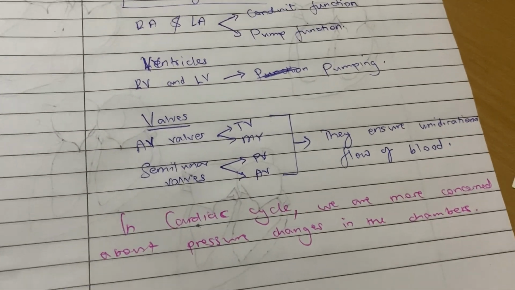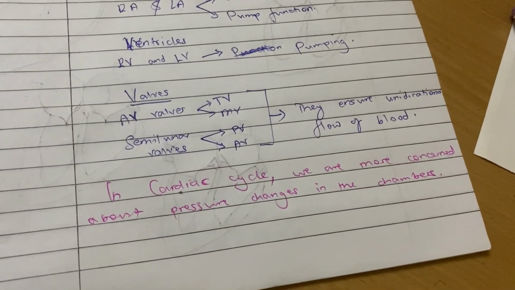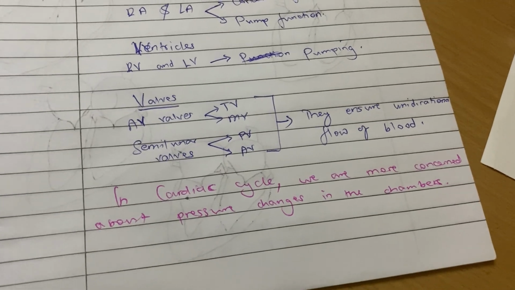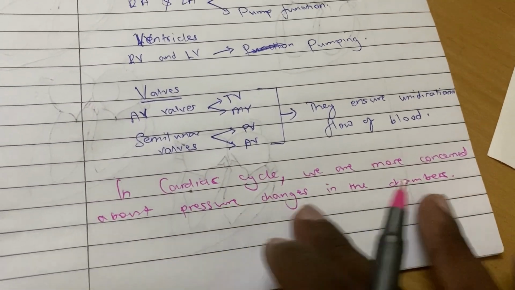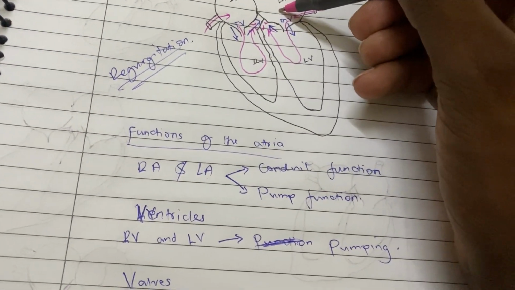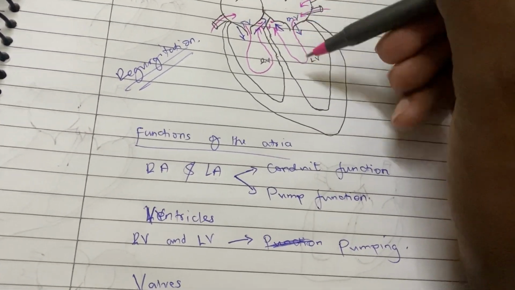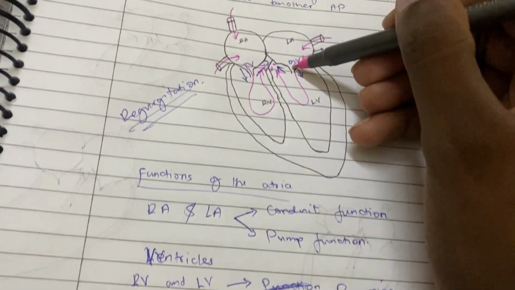Because the pressure changes are going to cause all the events of the cardiac cycle, whether the valve is to close or to open. It will be decided by the pressure changes in different chambers. If pressure is more in LA and less in LV, then the valve will respond. How will it respond?